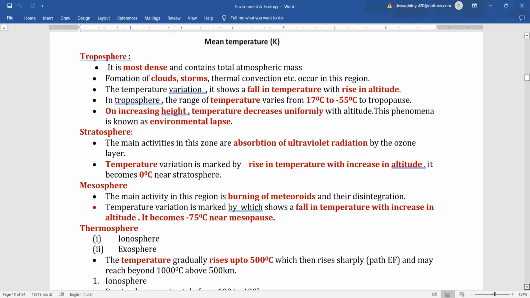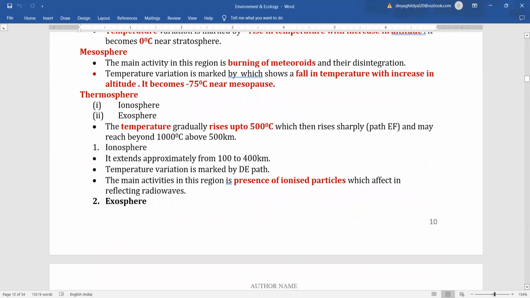Thermosphere consists of the ionosphere and exosphere. The temperature gradually rises up to 500 degrees centigrade, which then rises sharply again and may reach beyond 1000 degrees centigrade. Ionosphere extends approximately from 100 to 400 kilometers. The main activity in the ionosphere is the presence of ionized particles, which directly affects the reflection of radio waves.